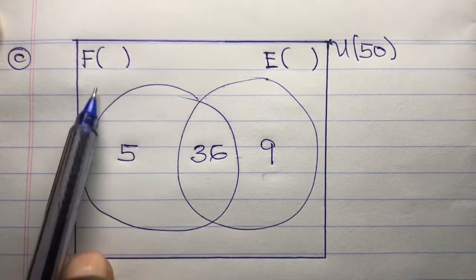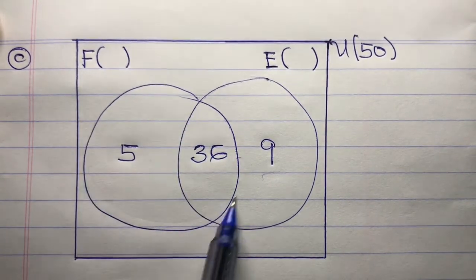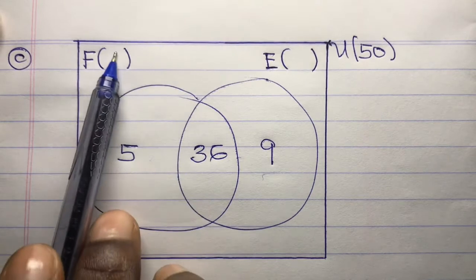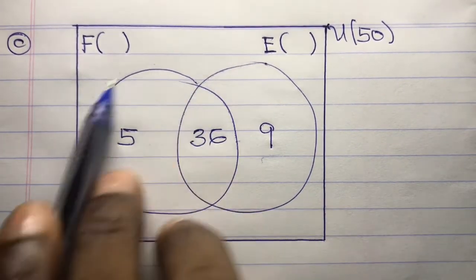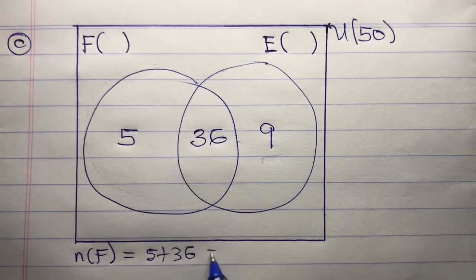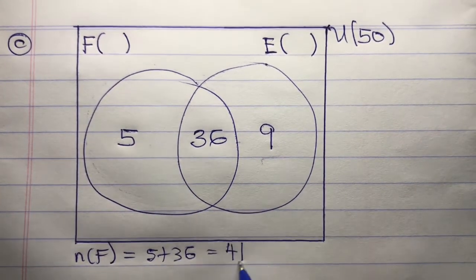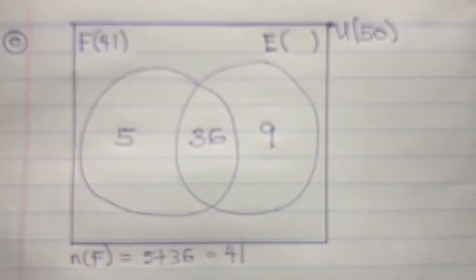How many people speak French over here? So this whole circle represents those who speak French. To find the number of students who speak French, you add 5 to 36. So 5 plus 36 will give us 41. So those who speak French over here will be 41.